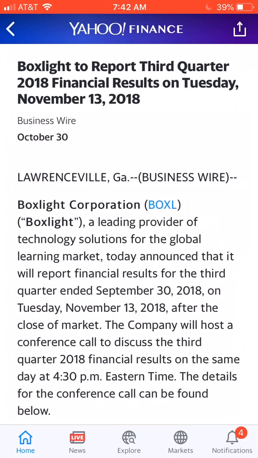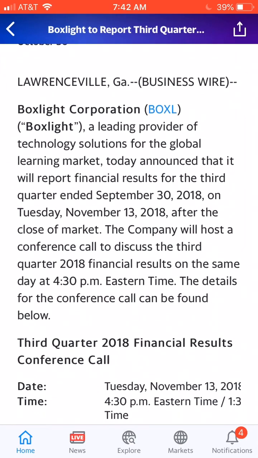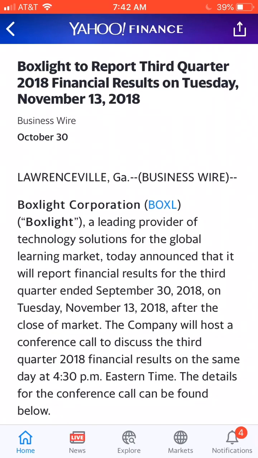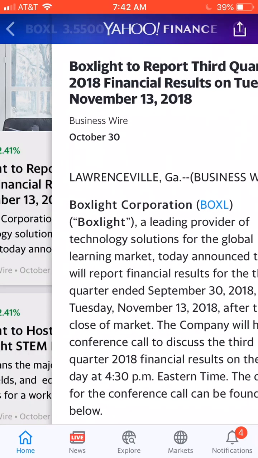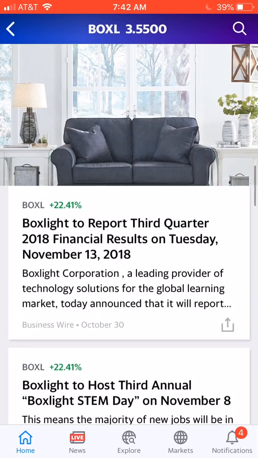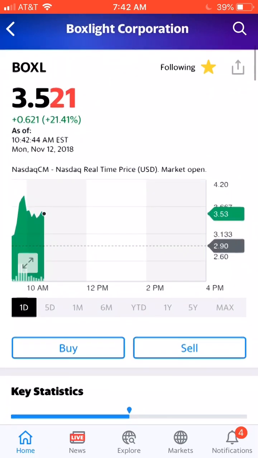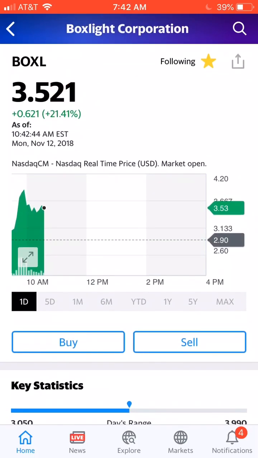So I could check the stock tomorrow and see if the market responds positively to their third quarter financial results. So that's probably why today it started to gain a little bit. It made a 20% jump.